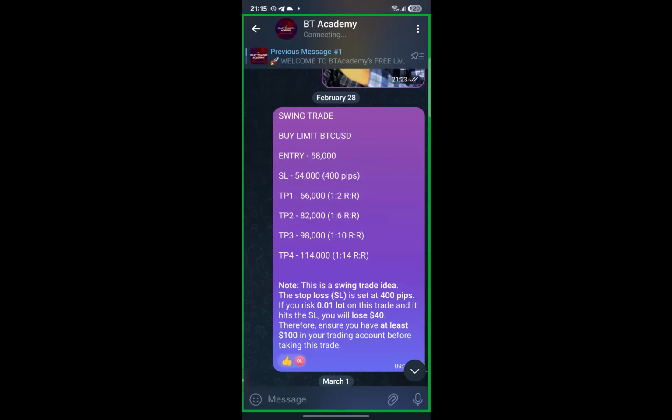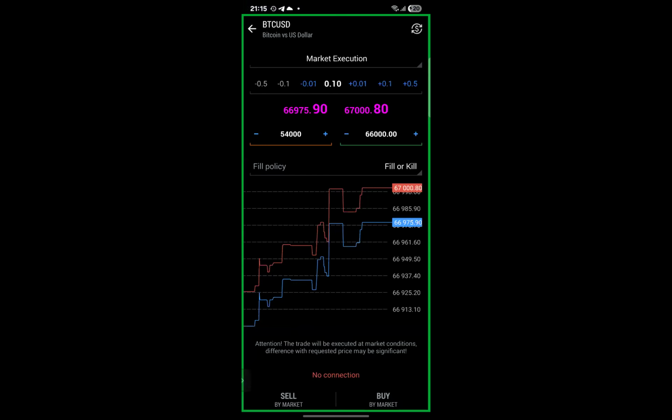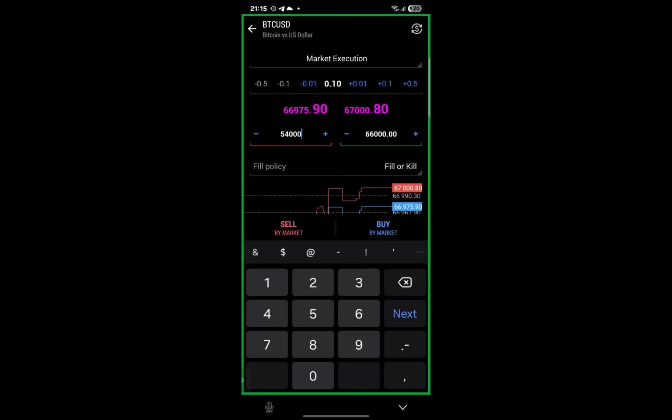You just open your MT5, select the currency pair, type the entry, type the TP, type the stop loss, finish. It may go and hit the TP, you make your money, or it may hit the stop loss and you lose some. It's just that simple. Once you get to the advanced stage, you'll be able to calculate your stop loss and TP yourself, but I don't want to confuse you.